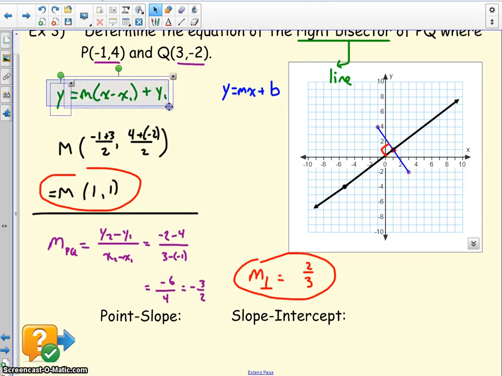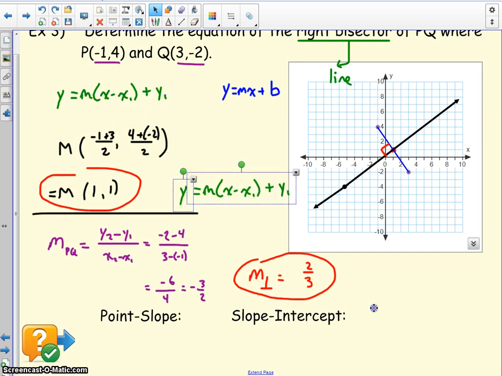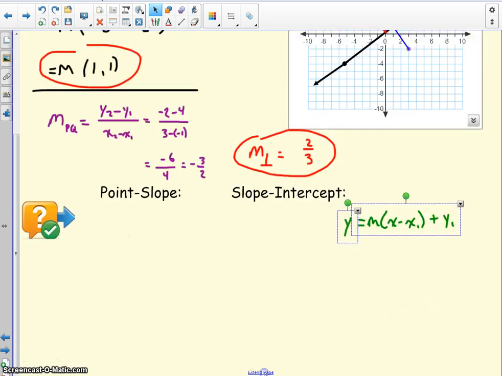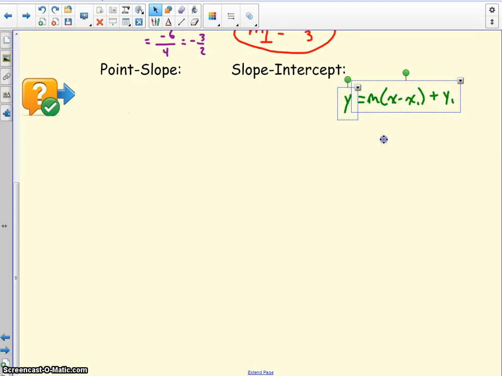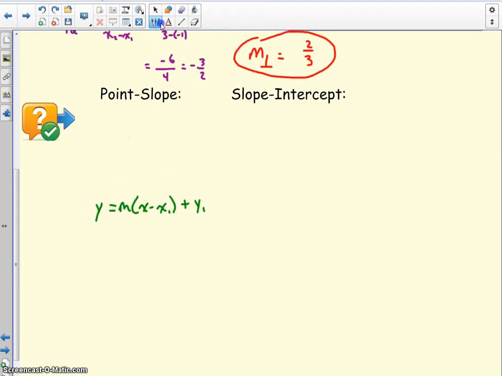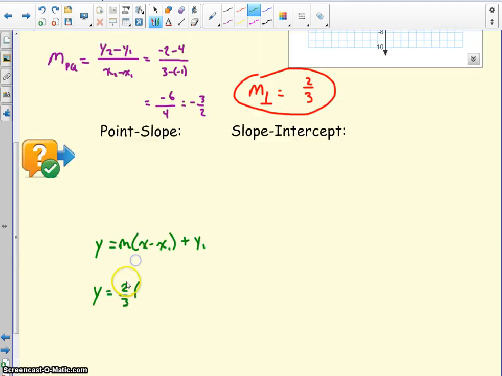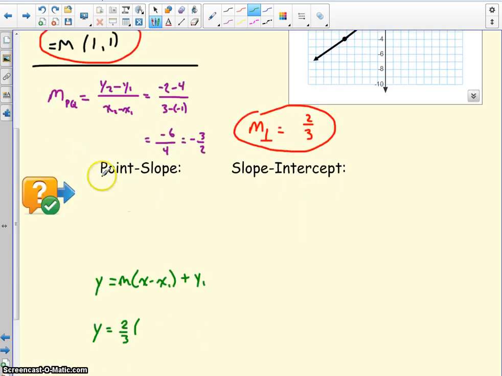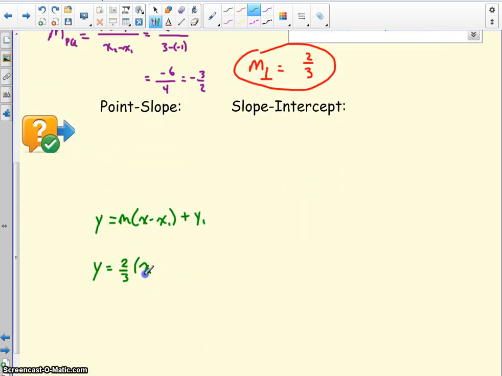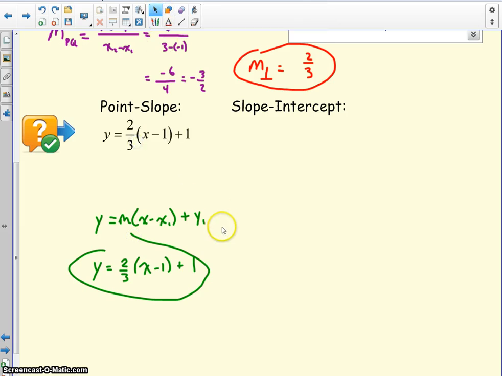So if I want to follow this form right here, I'm going to have my slope, and the point that I know it passes through is the midpoint, 1, 1. So I'm going to have x minus 1 plus 1. Okay, and I'm done. This is probably the fastest way to go about doing this one because I have a point, I don't have the y-intercept. We'll look at slope-intercept form in part 2.